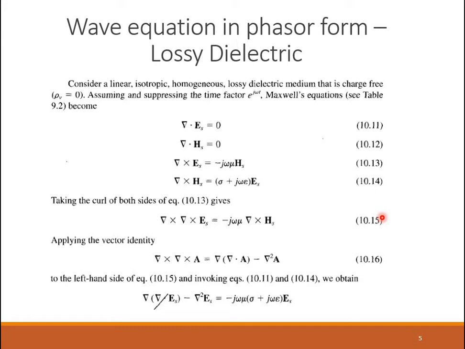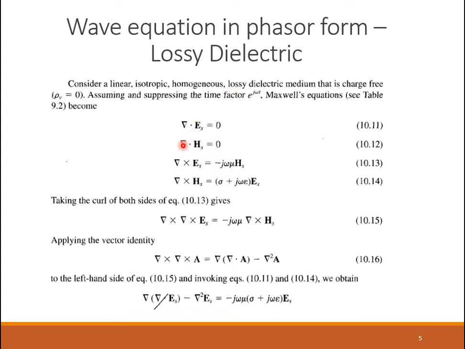Maxwell's equations in phasor form form the basis to derive the wave equation in phasor form. Since we are eliminating the time factor, we are using the terms ES and HS, which stand for the phasor form of electric field and the phasor form of magnetic field.